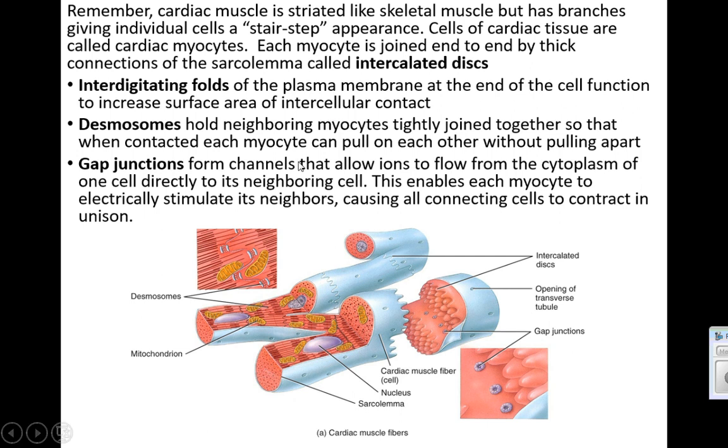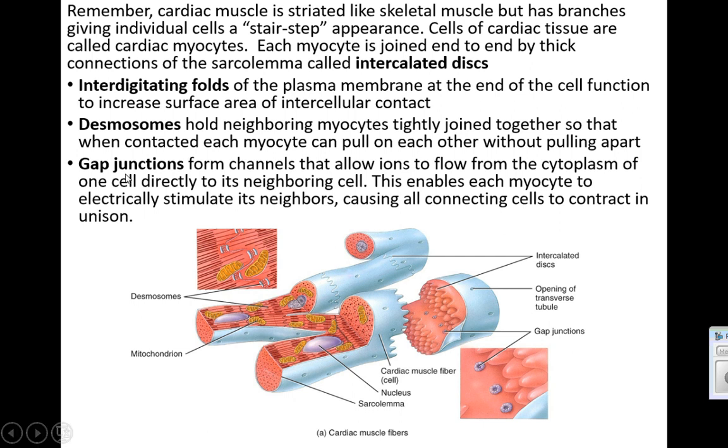And then on top of that, we've got desmosomes, which are like welding the cells together. If you know what welding is, it's how you can join 2 pieces of metal. Okay? So they help really tighten up the connection because those cells are going to pull on one another, and we don't want them pulling apart and snapping from one another. Like, if you break a string, we don't want that to happen.